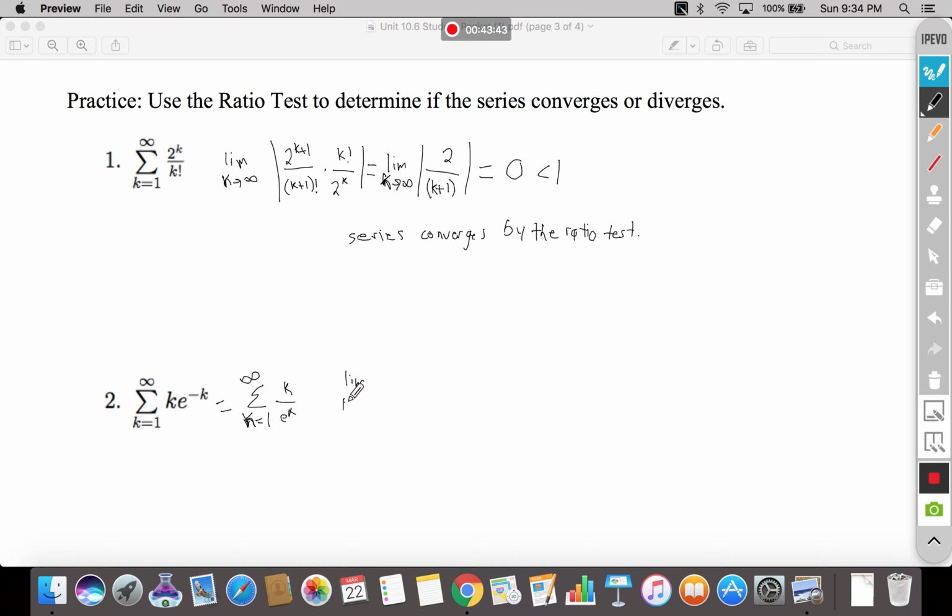My limit as k approaches infinity of the absolute value of k plus 1 over e to the k plus 1 times the reciprocal of my original series, e to the k over k, right?